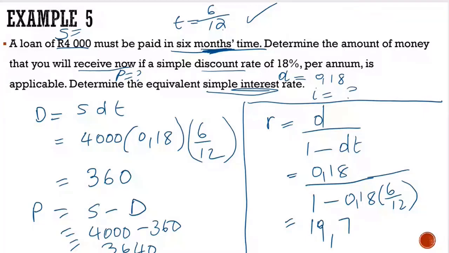If your interest rate was compounding in a different way, you'd have to convert it, but I will show you how you do that with compound interest. So those are the two aspects that we look at together, simple discount and also simple interest.